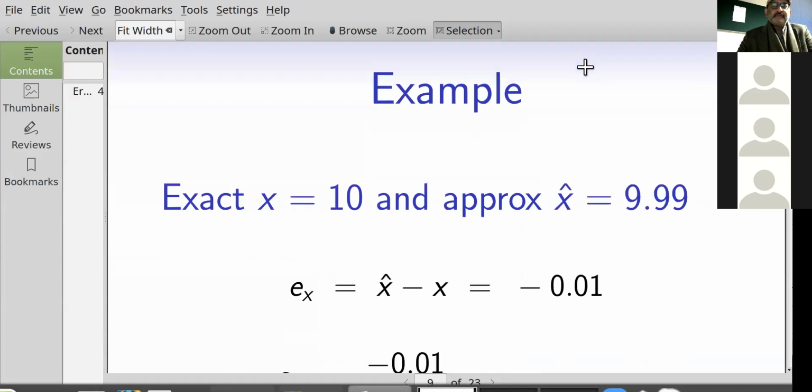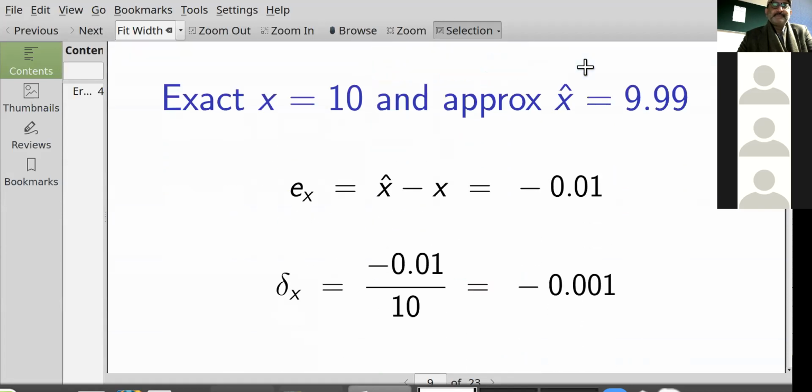Okay, so a very simple example. Let's say x is equal to 10, and in my calculations, I'm using an approximate x, which I write as x hat, and that approximation is 9.99. Then the absolute error on x is x hat minus x, and that's equal to minus 0.01.